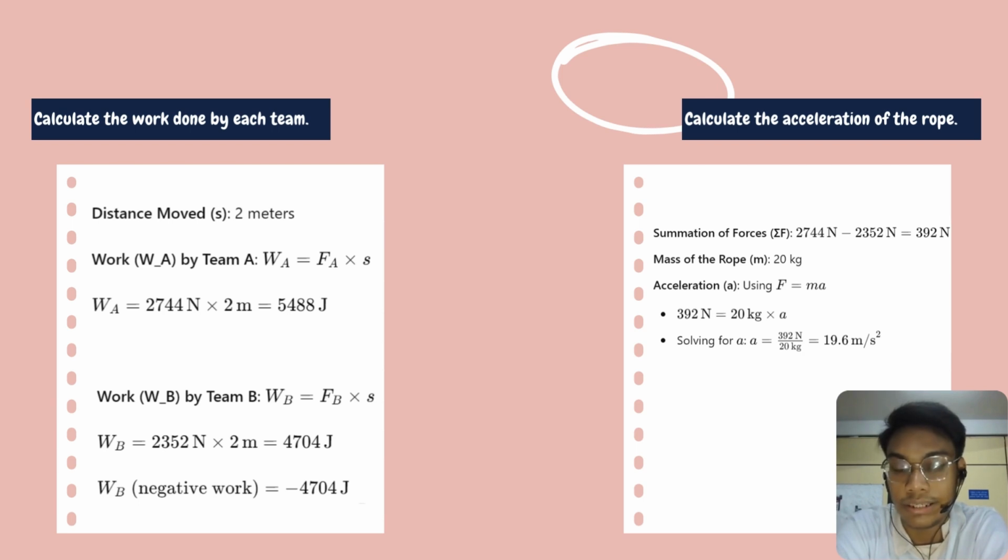So we need to find the A. Then 392 Newton needs to be divided by 20 kilogram, and we get the acceleration is 19.6 meters per second squared.